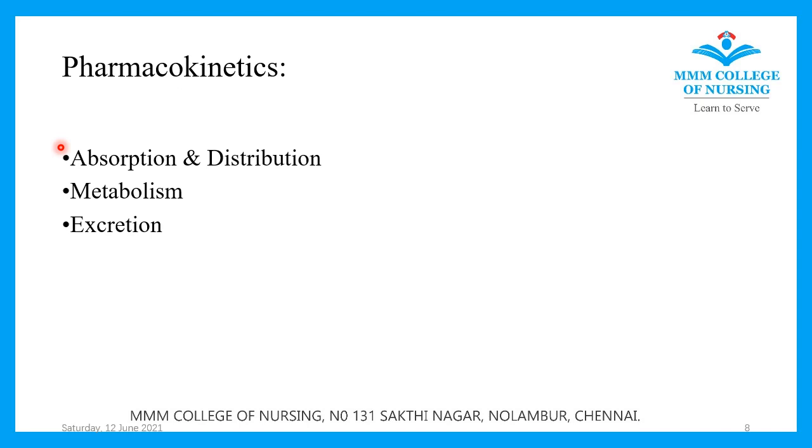Most are highly lipid soluble and highly protein bound, and they have high volumes of distribution. The elimination half-life varies from 10 to 24 hours. Metabolism: most antipsychotics are almost completely metabolized in the liver. Excretion is mainly in urine and also in bile.